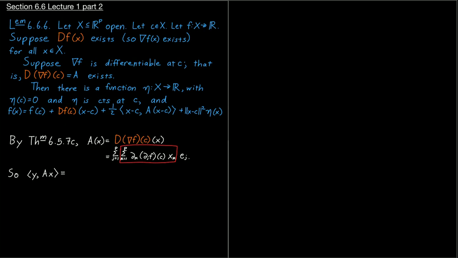So this is just sum from j equals 1 to p of yj times sum from k equals 1 to p. Let's put our derivatives together: partial jk f of c xk. Or we can put the yj and the xk together.